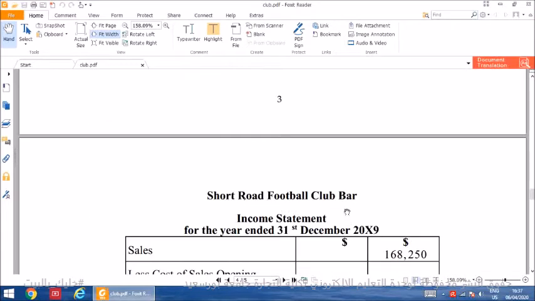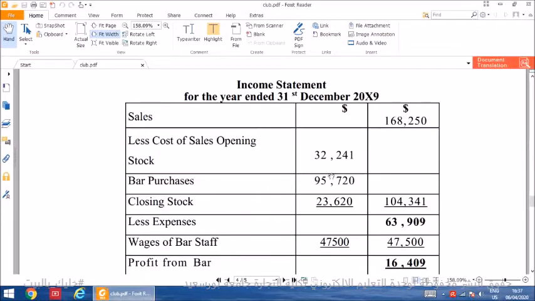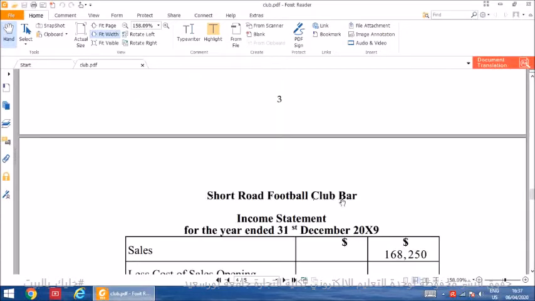Short Road Football Club bar income statement. This statement is for a special purpose, for trading work.